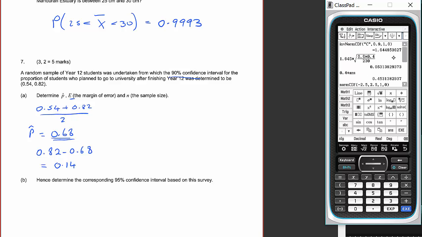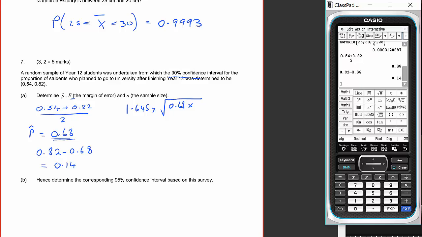So we know that 1.645 multiplied by the square root of 0.68 multiplied by 1 take away 0.68, so 0.32, over n, gives us 0.14. So we just need to solve that.